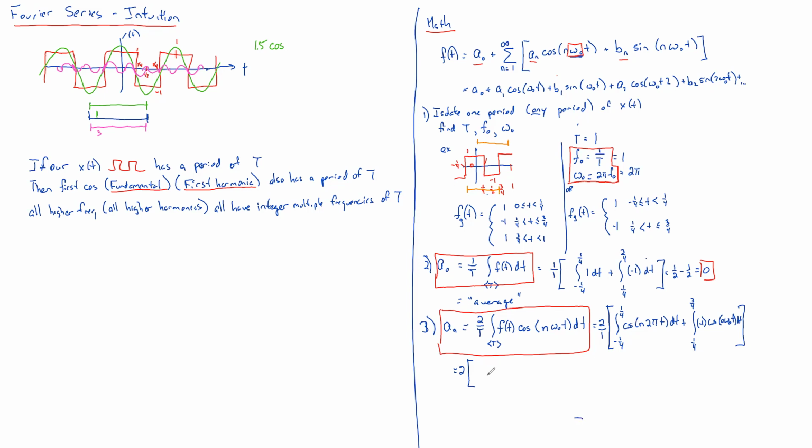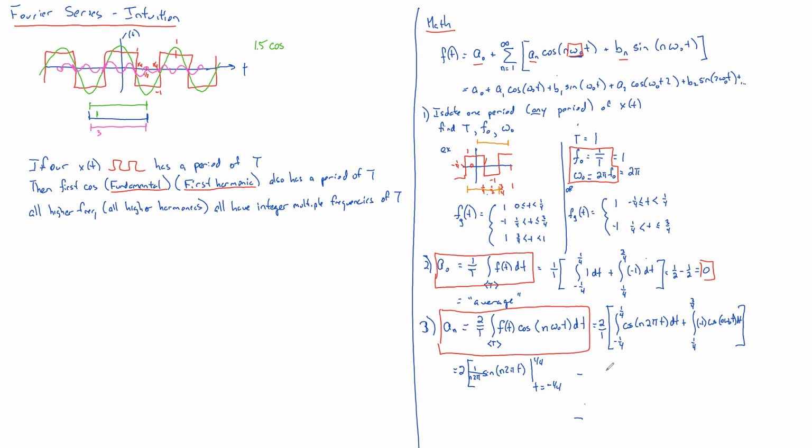So it's equal to sine of n 2 pi t. And then using the chain rule, we've got to say 1 over n 2 pi, so that when we take the derivative, that n 2 pi cancels out. And we're going to evaluate that between t equals minus 1/4 up to positive 1/4. And then to that, I'm going to bring this minus 1 out.